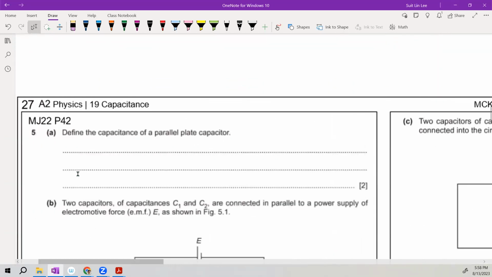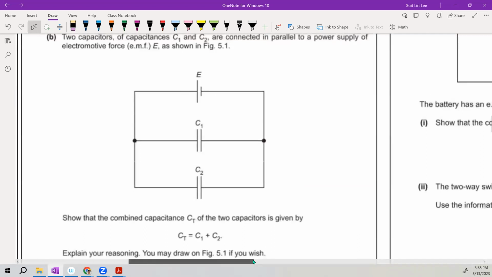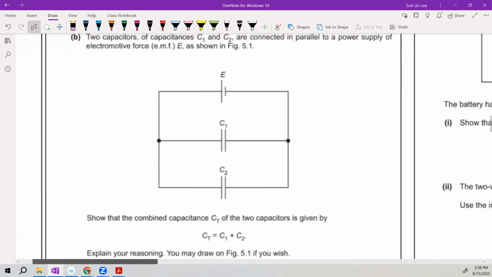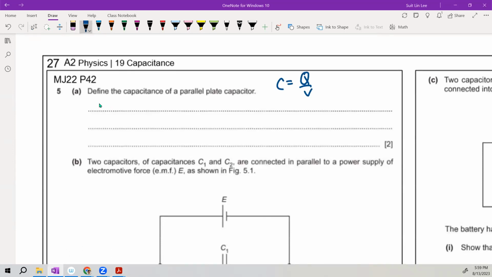So the next one is a little bit more spicier because they decide to put the capacitor like this, side by side. Oh, instead of one capacitor discharging, now we have 2 because 1 is a lonely number. Okay, so define the capacitance of a parallel plate. Remember, we're going to use C is equal to Q over V, right?